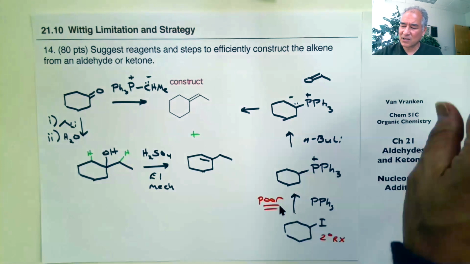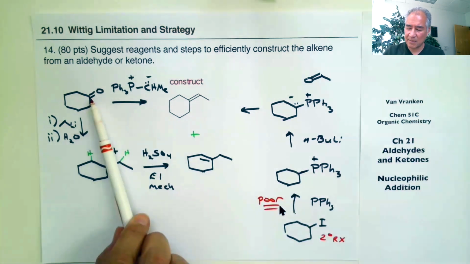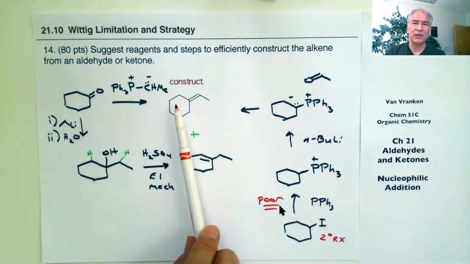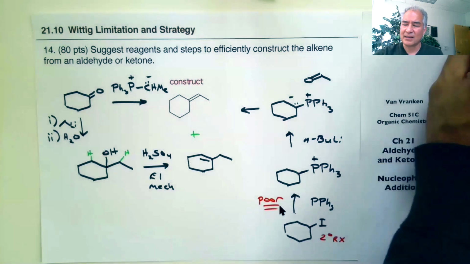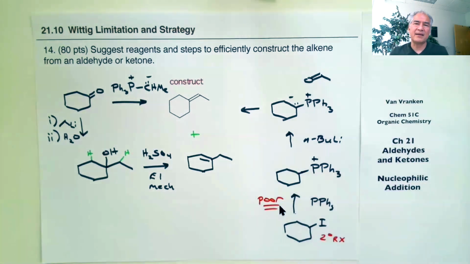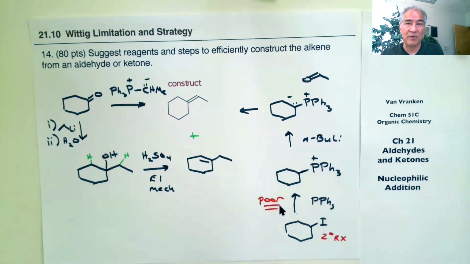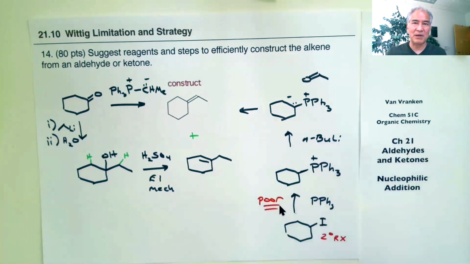So the Wittig reaction looks really powerful because conceptually, any carbonyl you can replace with a CC double bond, but you have to be able to make the phosphonium ylide reagent, unless I just tell you to show reagents you would use to complete the following transformation. If I say just show me reagents, then you don't have to worry about how you make the reagents.